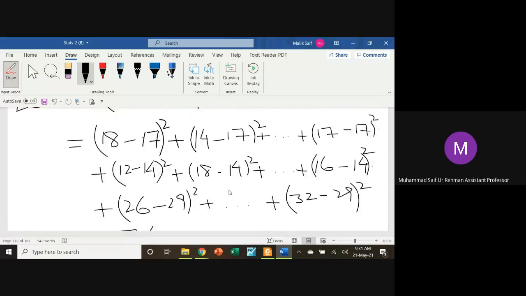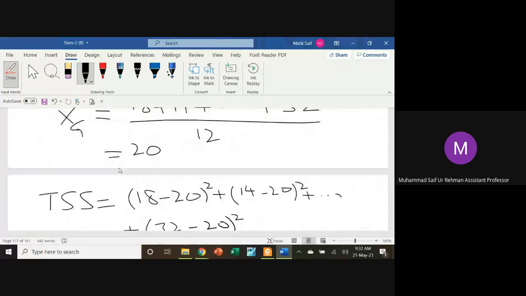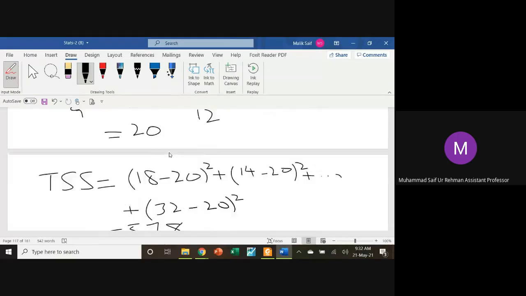Fine. So now you have these two values, TSS and ESS. So you are able to find out RSS, or we also call it between sum of square. This is within sum of square. You can write it down as WSS, and BSS for between sum of square. And in econometrics, it is regression sum of square.